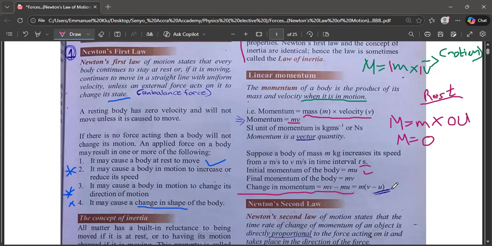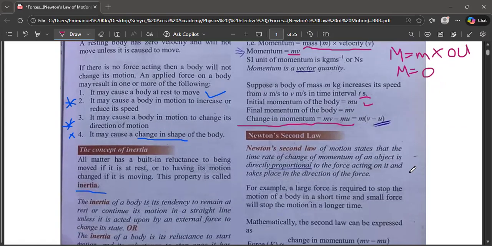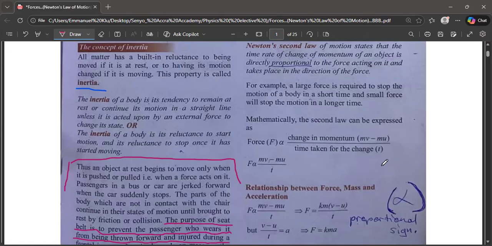If I say you should write the final momentum of a body, how is it going to look? The final momentum is equal to mv.